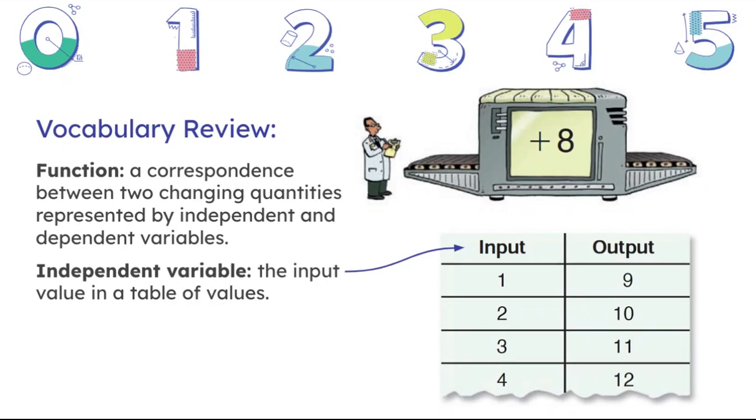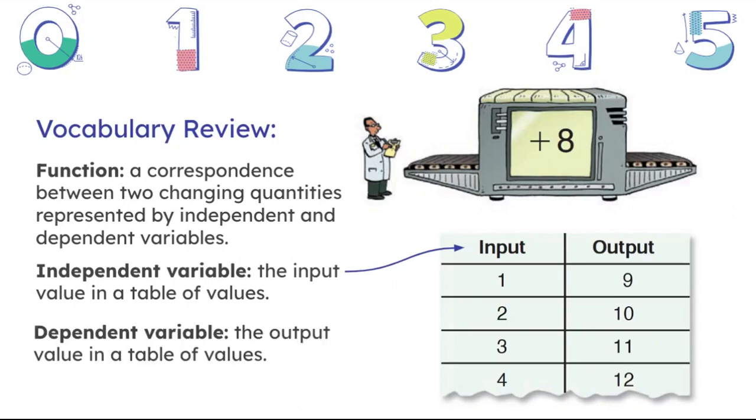We call it independent because it doesn't change as a result of the function. The number you put in the input is whatever number you decide to put in the input. The only thing that changes is the output after you do the function to it. A dependent variable then is the output value in a table of values, and it's dependent because it does change.